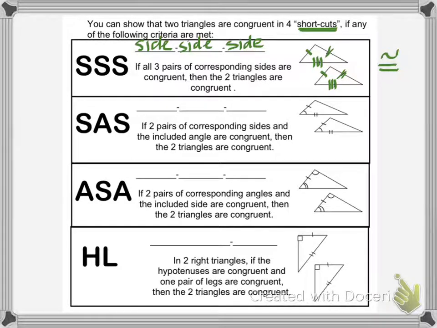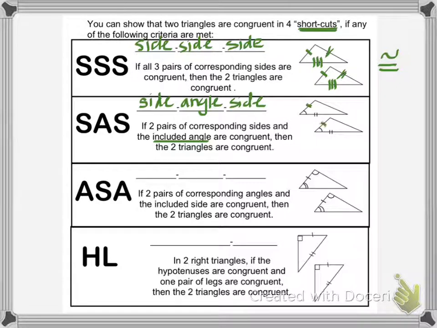Another one is called SAS, which stands for side, angle, side. Okay, and what that means, if two pairs of corresponding sides and the included angle, remember that means the angle kind of in between, are congruent, then the two triangles are congruent. So let me explain what that means.